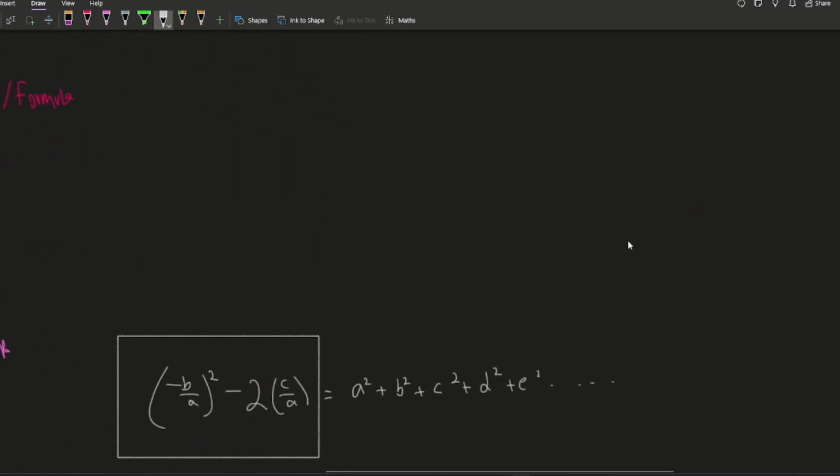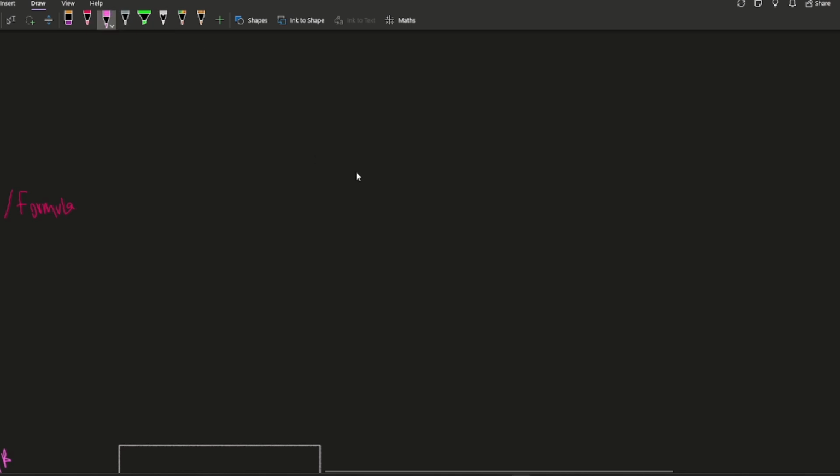So for instance, we have a cubic equation x cubed minus 3x squared plus 4 equals 0.